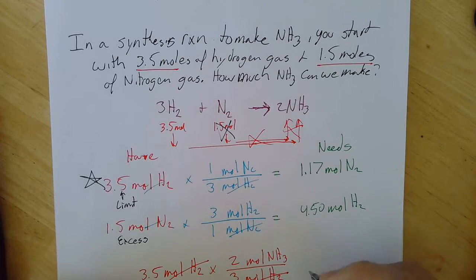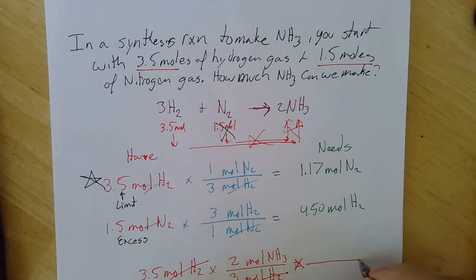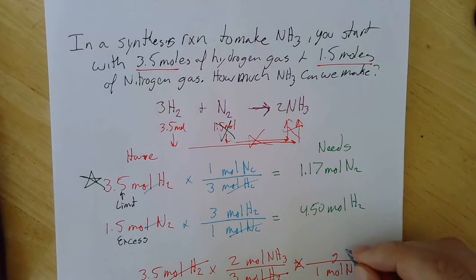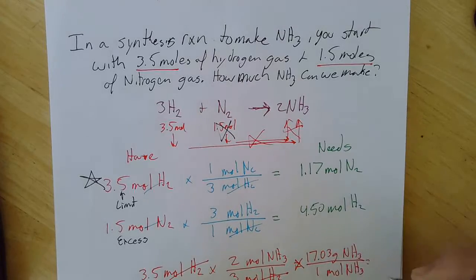Cancel that out. I wanted to know how much can I make. I probably should have been more specific, maybe say grams. Let's go to grams. So I'm going to put down my moles of NH3, and there's one of them. Because I'm not using that number, I'm going to compare that to grams of NH3. And if I look that up, N is 14, so I have 17.03 grams.